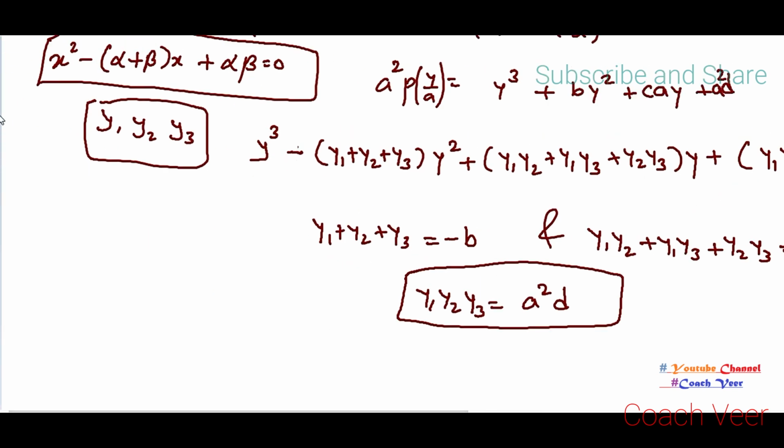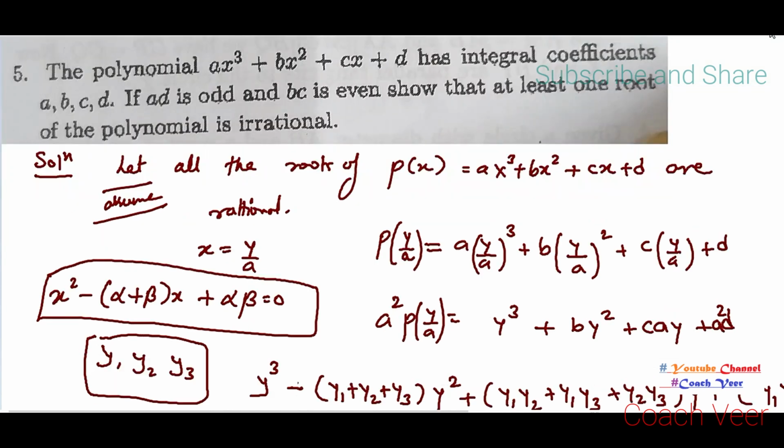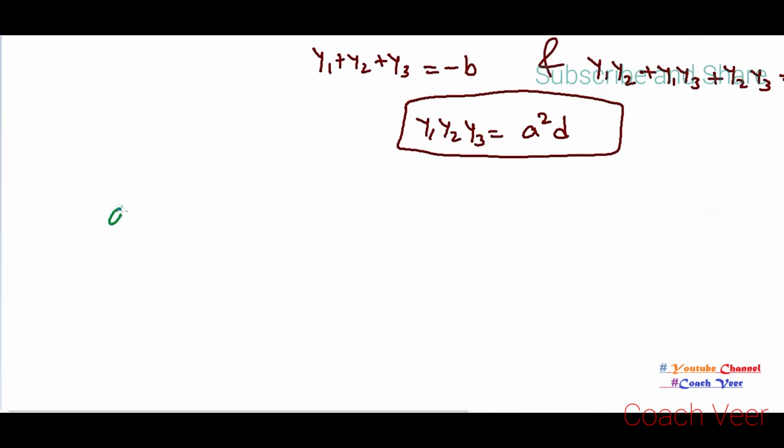You need to understand this part. Now AD is odd and BC is even. So what does it mean? If AD is odd, then a square d is also odd, or you can say both A and D are odd.